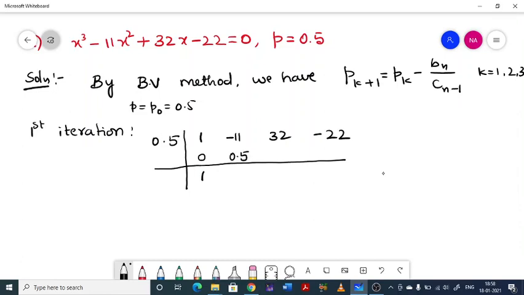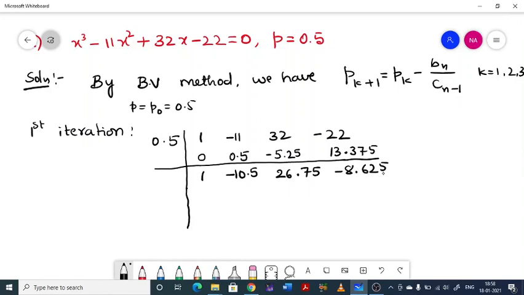Now minus 11 plus 0.5 you get minus 10.5, minus 10.5 into 0.5 you get minus 5.25. Adding these two will get 26.75. Now 26.75 into 0.5 will be 13.375. Adding these two you will get minus 8.625.